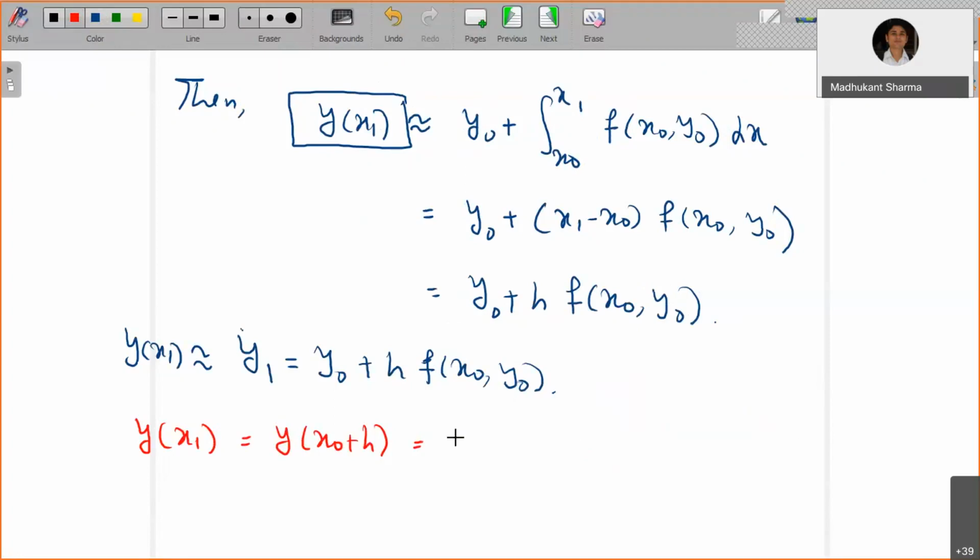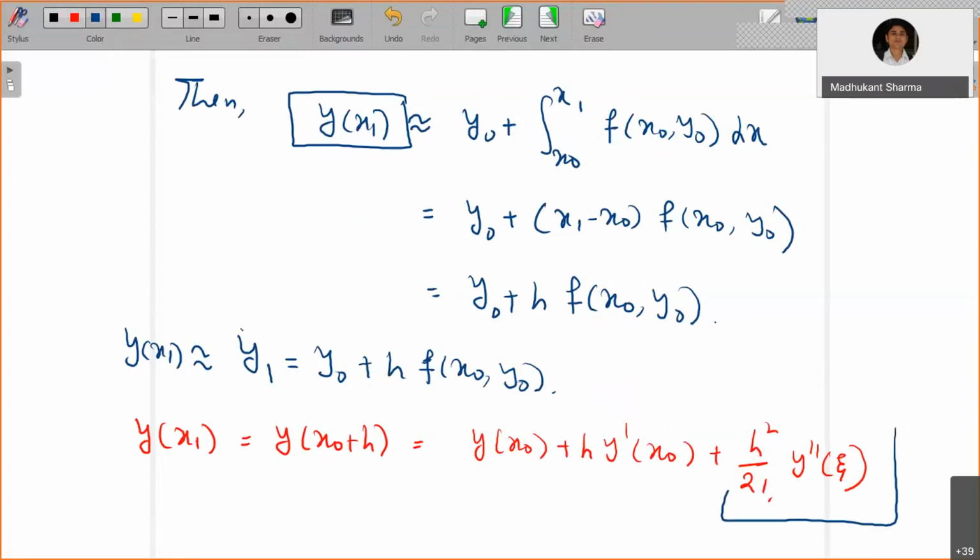Then about the point x naught you can write y at x naught plus h as y at x naught plus h times y dash at x naught plus h square by 2 factorial times the second derivative at some z, where z lies between x naught and x naught plus h. So by mean value theorem or Taylor's theorem, this will be the error term.